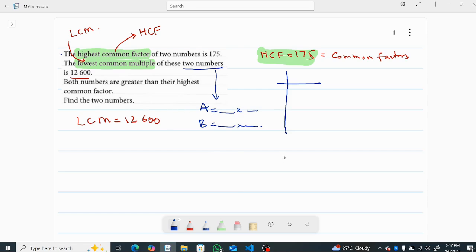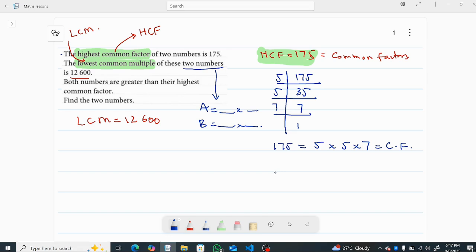So let's start. First of all, finding the factors of HCF, which is 175. We divide by 5, which gives us 35, and again dividing by 5 we get 7, and dividing by 7 we get 1. So 175 is 5 times 5 times 7, and these are common factors.